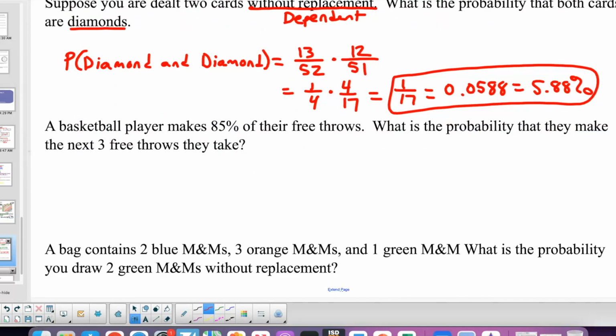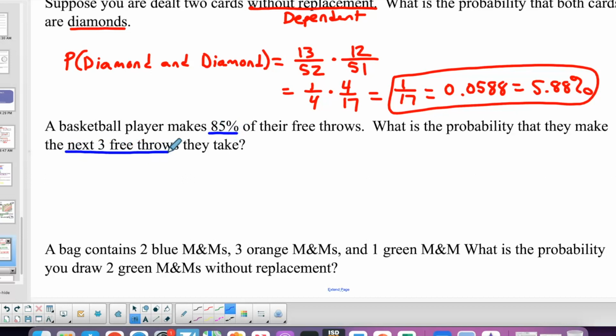Okay. These ones where a basketball player makes 85% of their free throws, they're just going to say, what's the probability we make the next 3 or the next 2 or the next 5 or whatever. So if we make an 85% rate of our free throws, we want to make the next 3 free throws that we take.